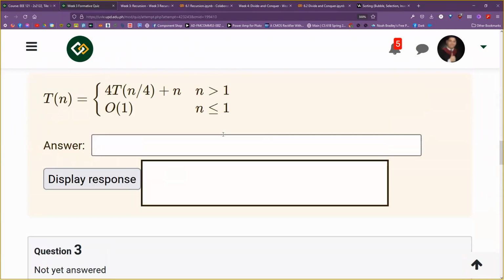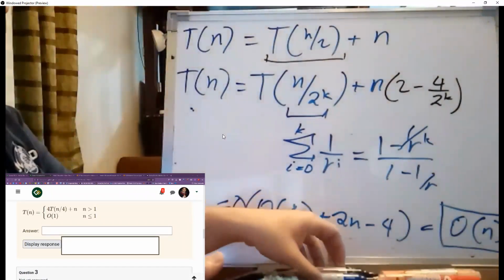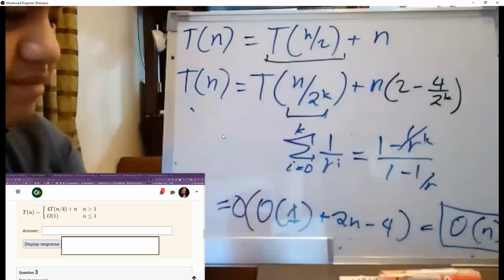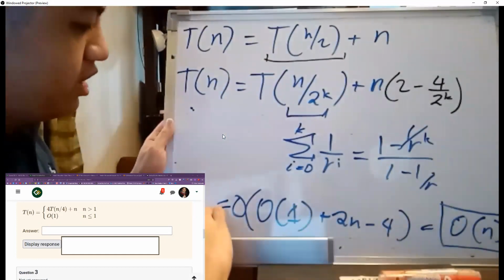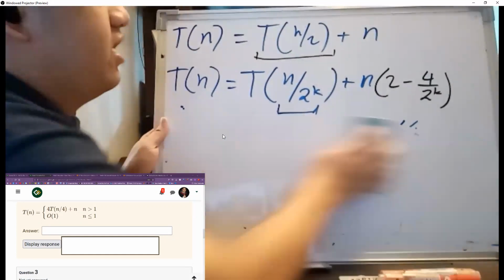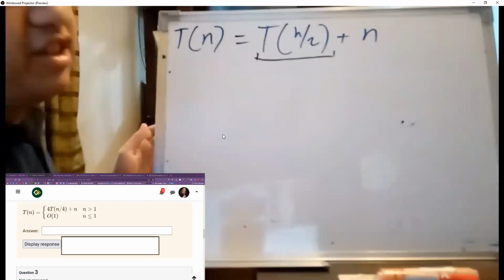Then, for the next one, siguro para magamit natin yung other method. Pwede nyo rin gamitin yung tree method dito. Kaso hindi ka makakabuo ng tree kasi isa lang naman siya. Parang stick siya, hindi siya tree.